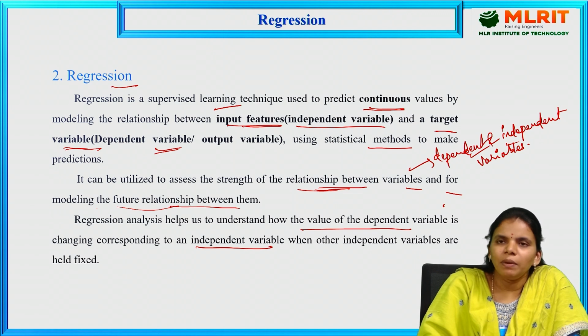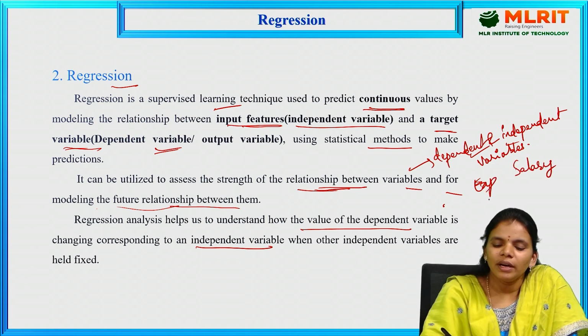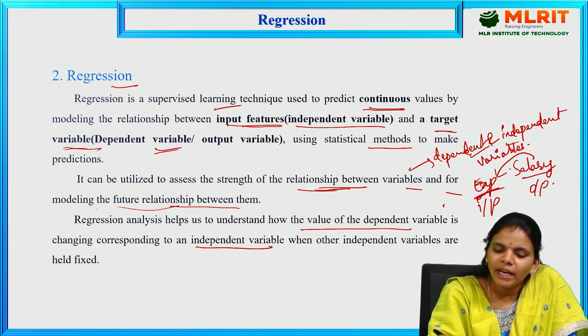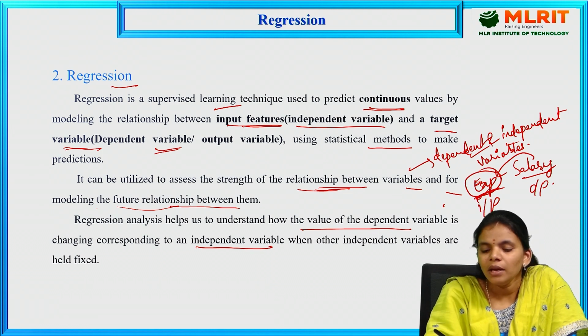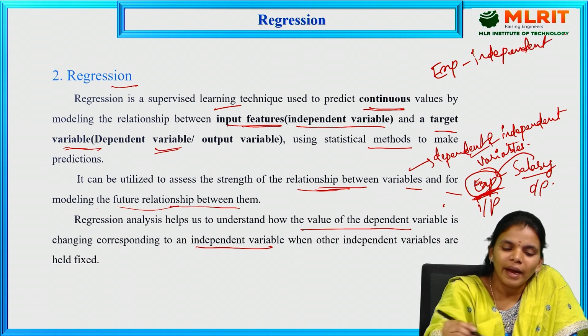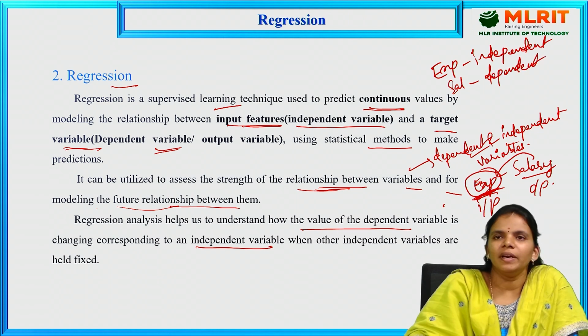Here, for example, my data set is regarding the experience of a person and salary. Here experience is input and salary is output, right? Now this salary is depending on the experience. Experience is not depending on the salary, but the salary is depending on the experience. So experience is the independent value, and salary is the dependent variable in the data set.